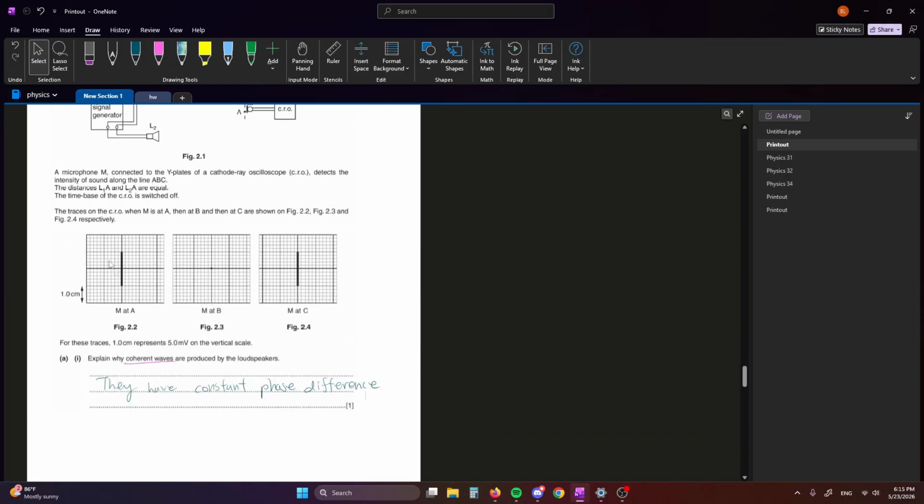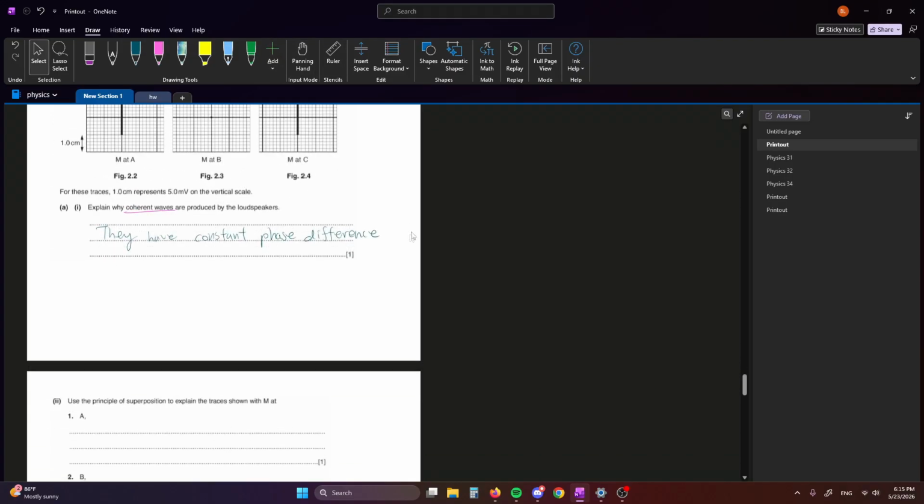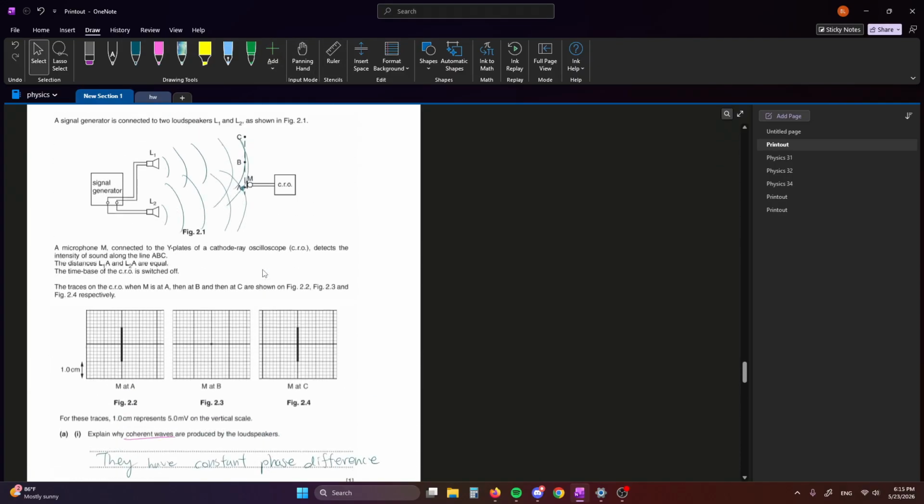So at A, we have a vertical amplitude, and it's in the middle. If you're seeing these diagrams, it's going to be something like that, and this is also going to be like that. Sorry, my diagram is so bad. But eventually it should become like that, where they both intersect at letter A. Use the principle of superposition.